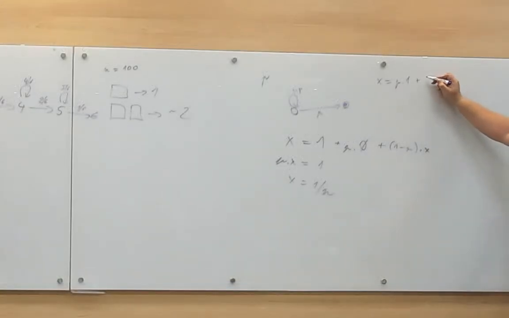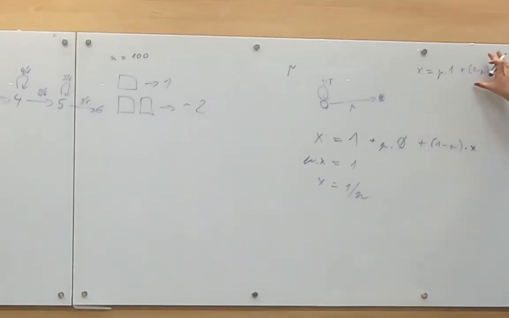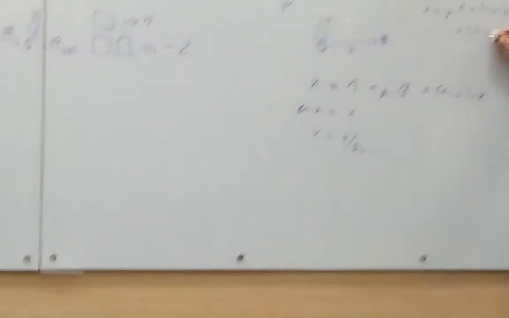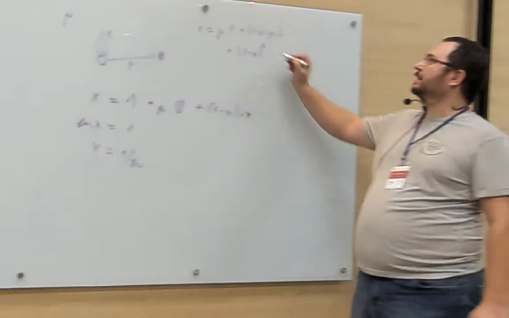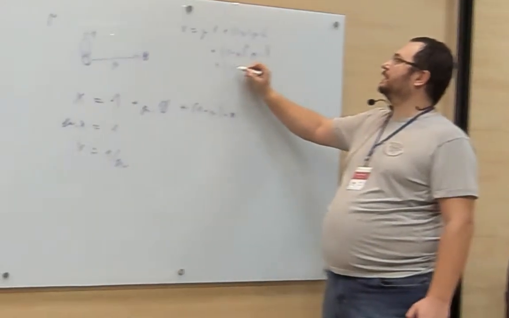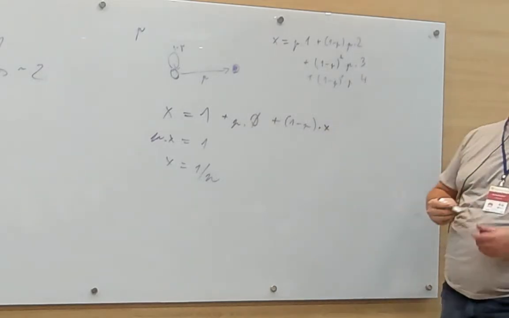With probability 1 minus p, then times p, it happens in the second attempt. So in the first attempt we fail, in the second attempt we succeed. With this probability, the answer is 2. Then it is possible that we fail twice and then succeed, and the answer is 3. It is possible that we fail 3 times and then succeed, and the answer is 4.